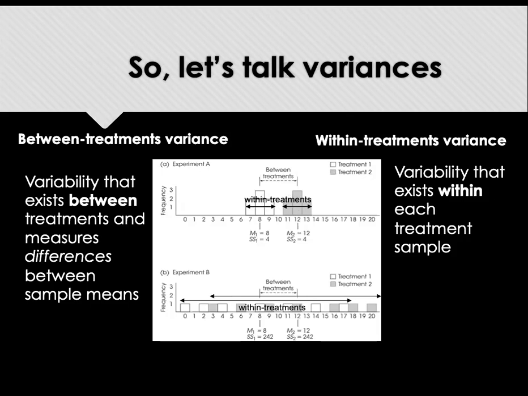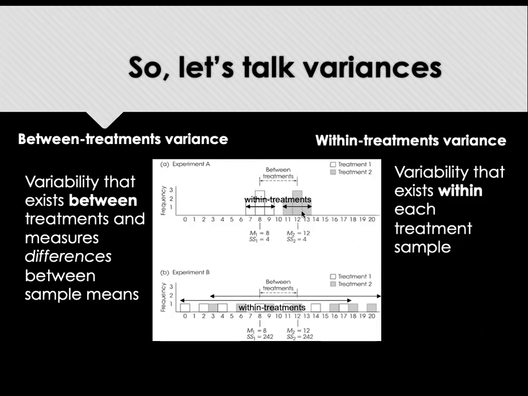The other major type of variance in ANOVA is within treatments variance. So there is going to be variability that exists within each treatment sample, right? So treatment A, let's say it's art therapy, not everyone is going to score the same on anxiety levels just because they're all getting art therapy, right? There's going to be some variance among the participants who are receiving art therapy. And let's say treatment 2 is play therapy.